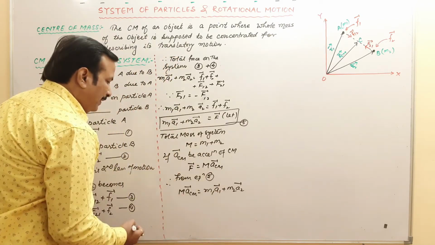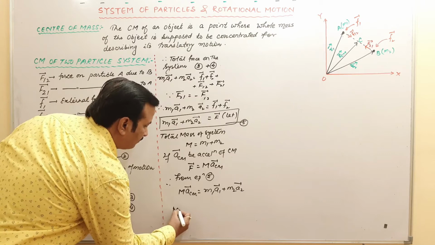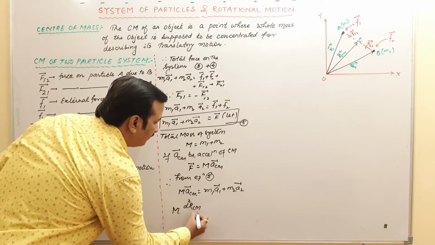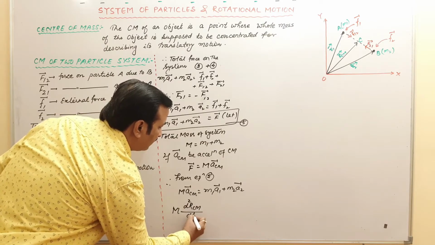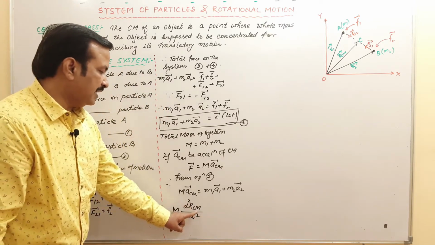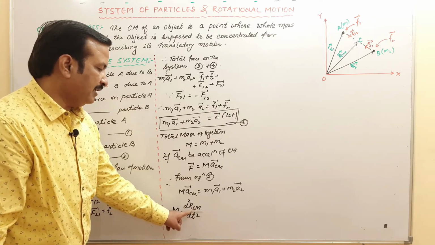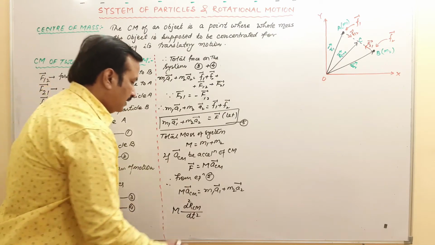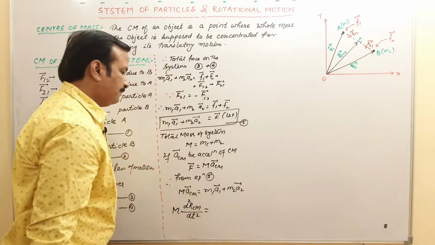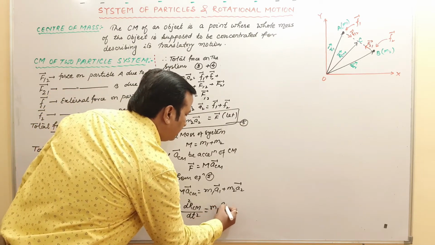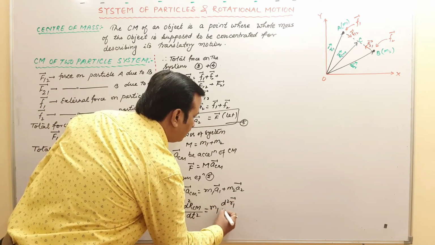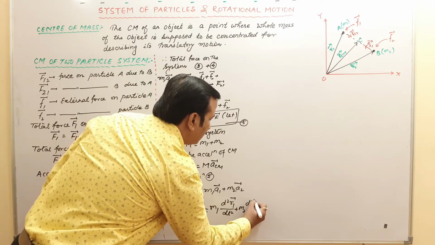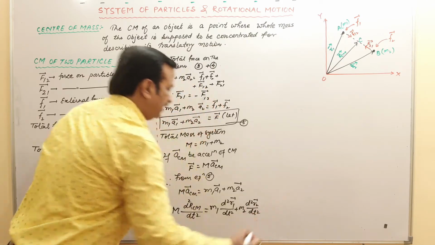So we can write M d square RCM by dt square, the position vector of center of mass differentiated twice, equal to m1 d square r1 upon dt square plus m2 d square r2 upon dt square.